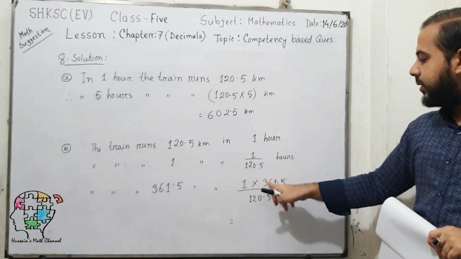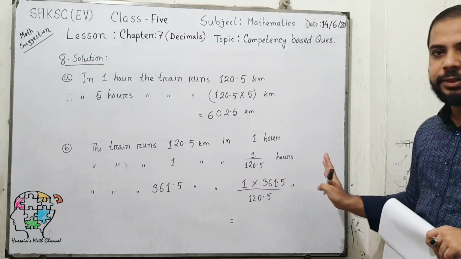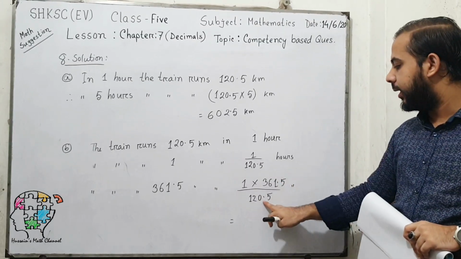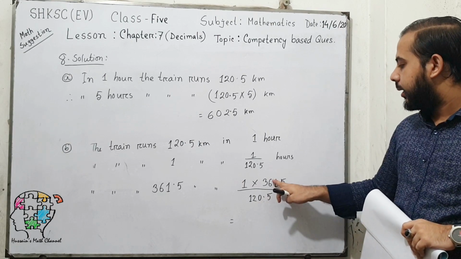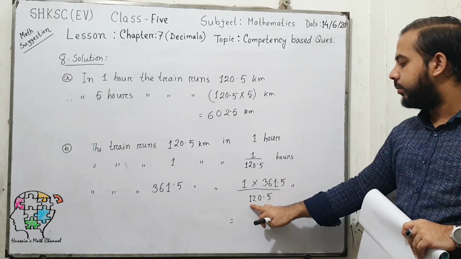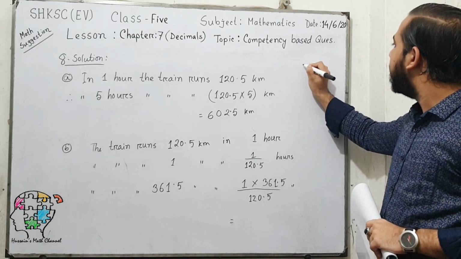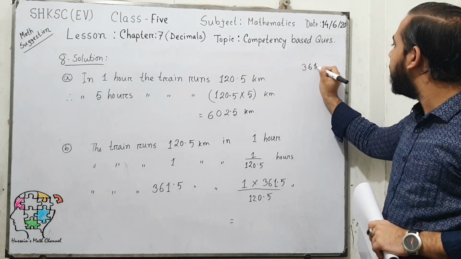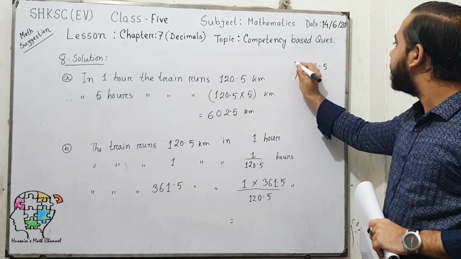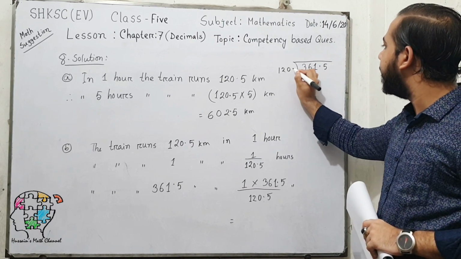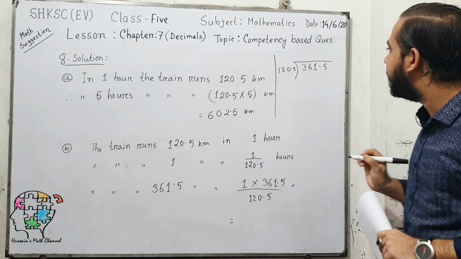Now we will do rough work. 1 times 361.5 is 361.5, and we just need to divide 361.5 by 120.5. So we do rough work here: 361.5 divided by 120.5.